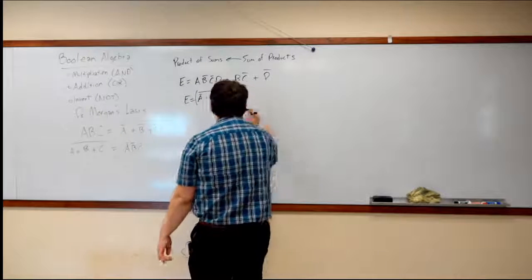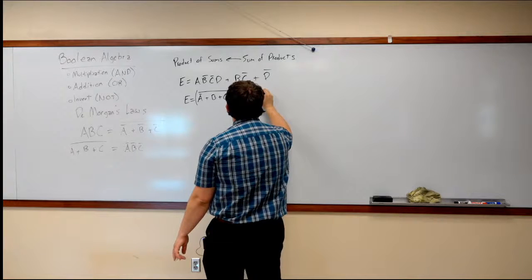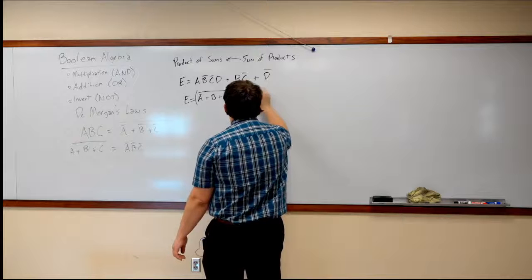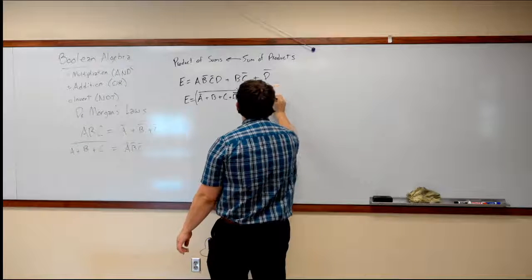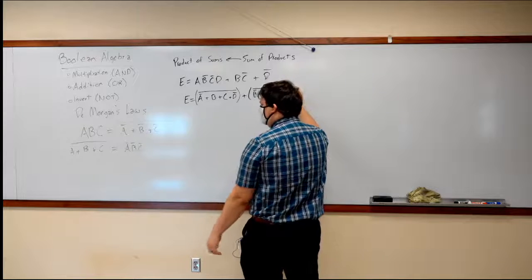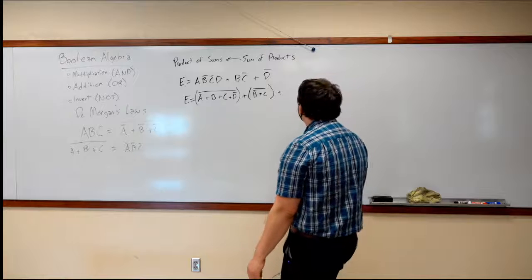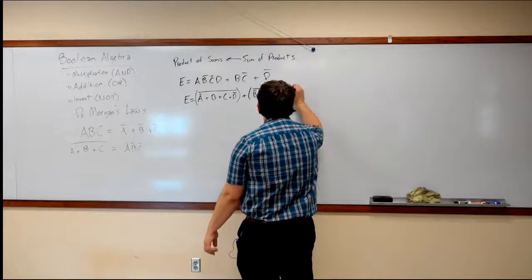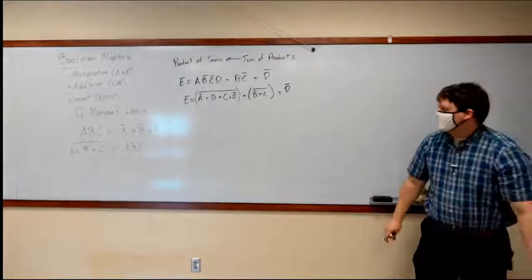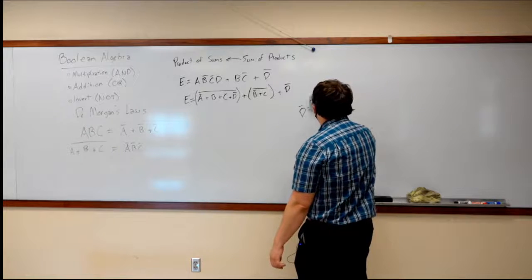So these are equal, plus B naught C is equal to B naught plus C. We put that into a not. And then D is equal to D not. That one can't be simplified, because this D naught is equal to D not.